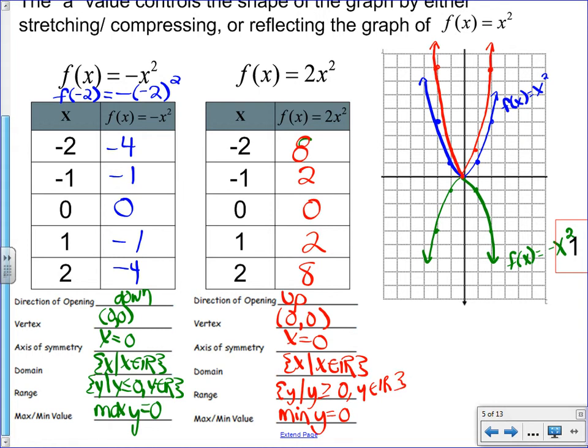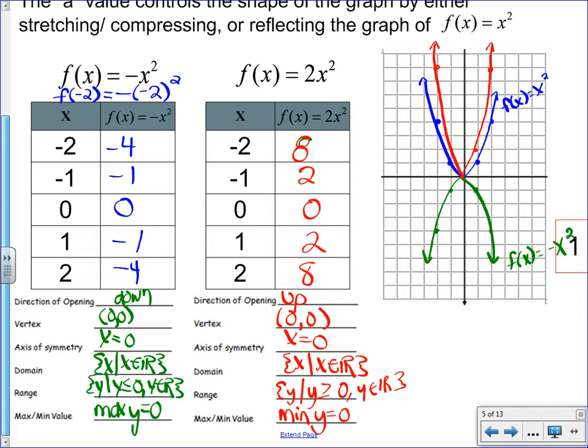You may want to jot this down somewhere off to the sides. If you have a minimum, you will always write your range: y has to be greater than or equal to whatever your minimum is. If you have a maximum, your range will always be set up like that.